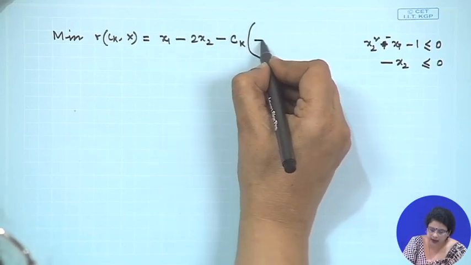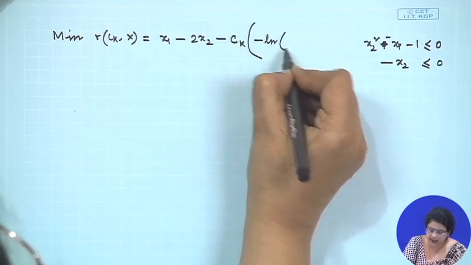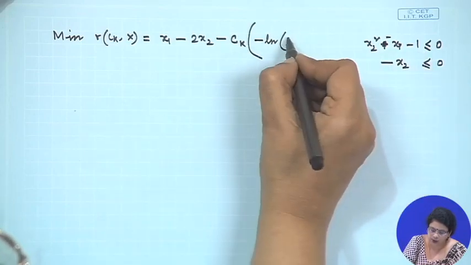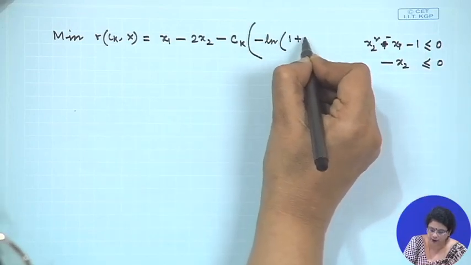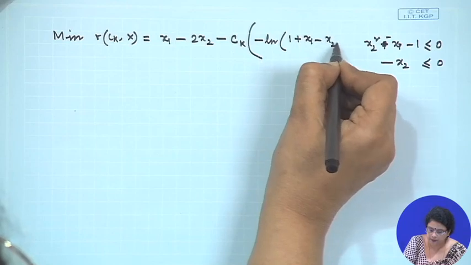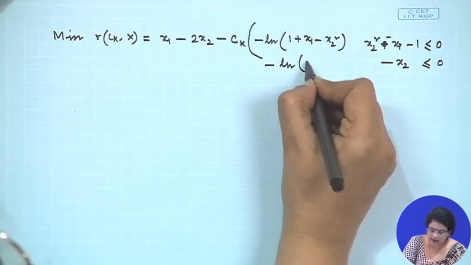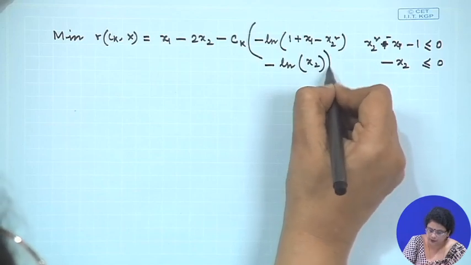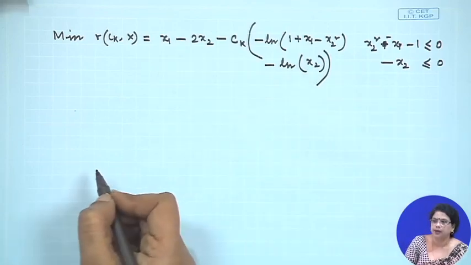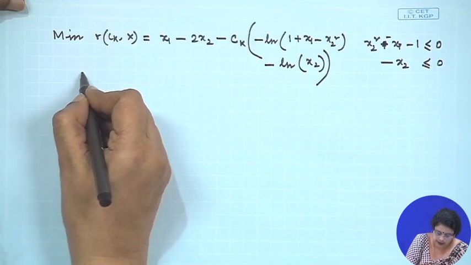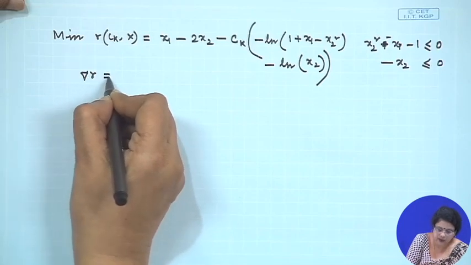That is why I will consider ln of minus this function. So the function will be the original function minus ln x2, and this is equal to 0.